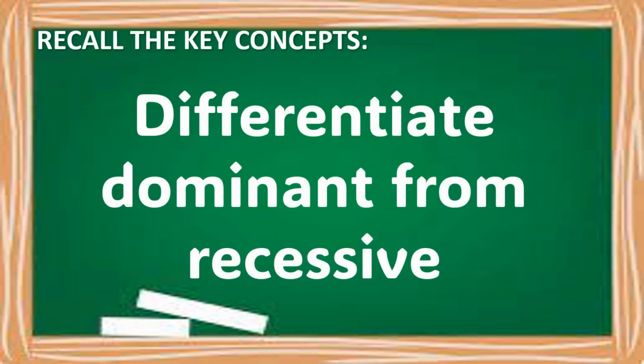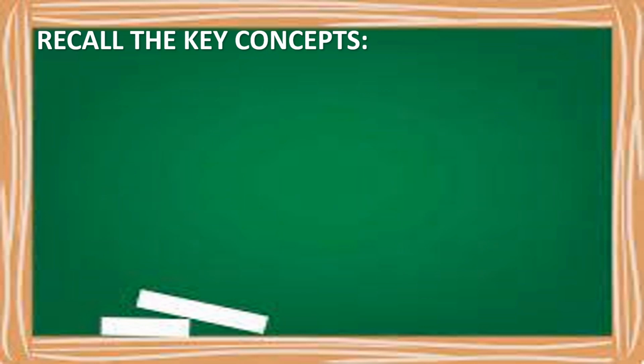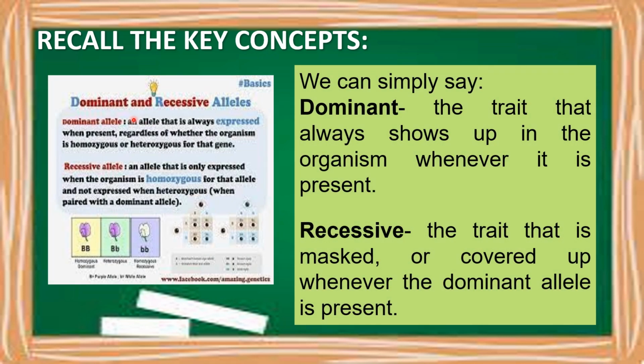Differentiate dominant from recessive. These words are very common when it comes to studying heredity. About dominant and recessive alleles. Dominant allele is an allele that is always expressed when present, regardless of whether the organism is homozygous or heterozygous for that gene.